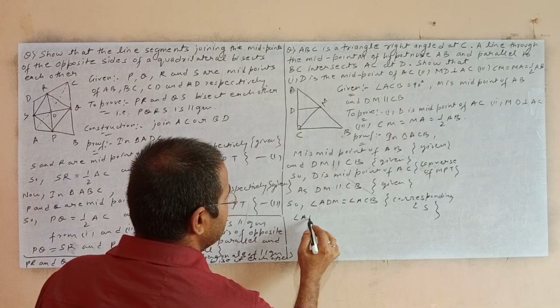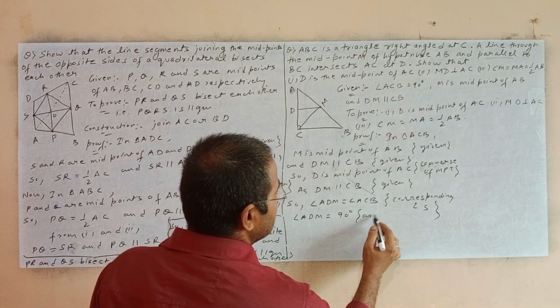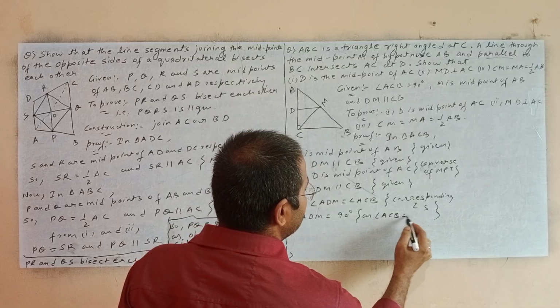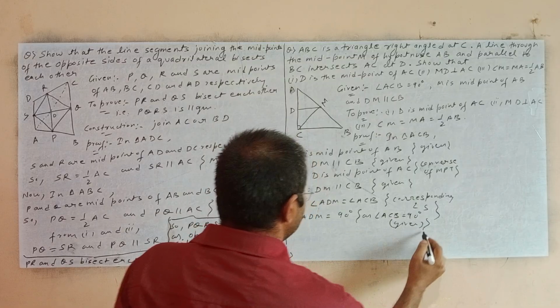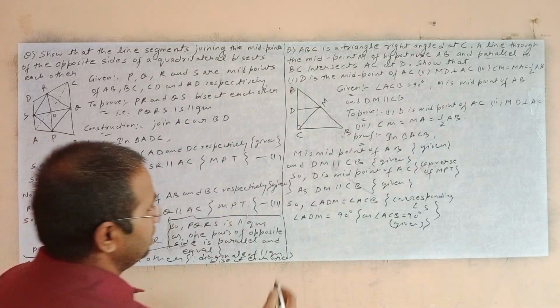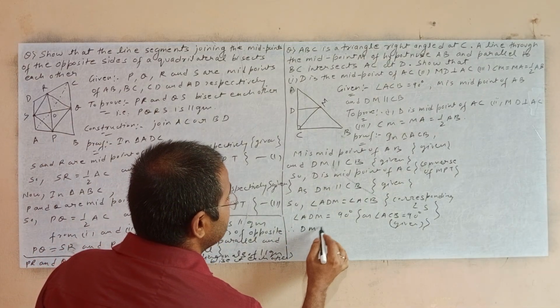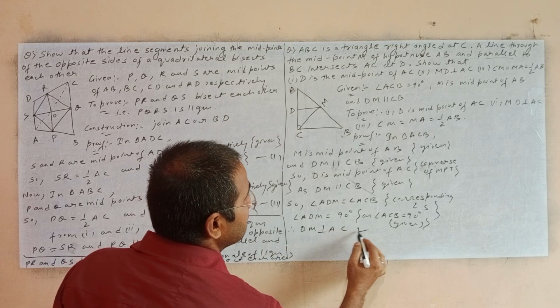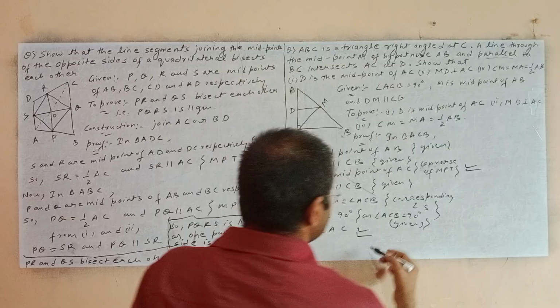So angle ADM is equal to 90 degrees, as angle ACB is equal to 90 degrees, given. Okay, in this way you will write. Therefore you can say that DM is perpendicular to AC. So the second thing is proved. Okay, so the first thing was this one, second thing this one.